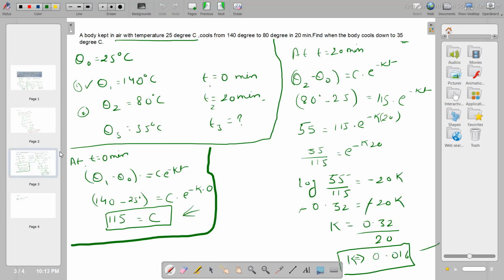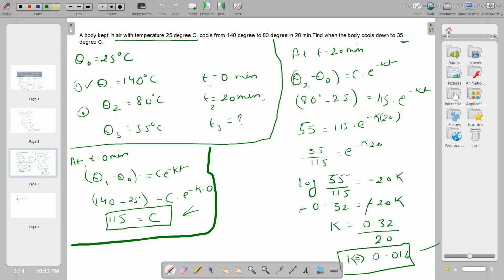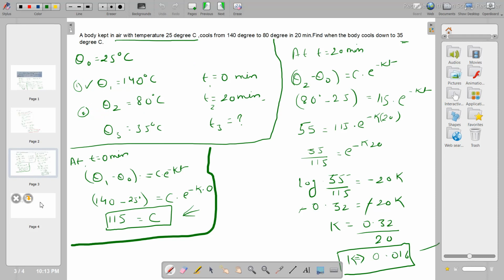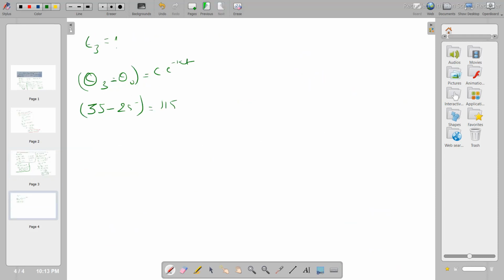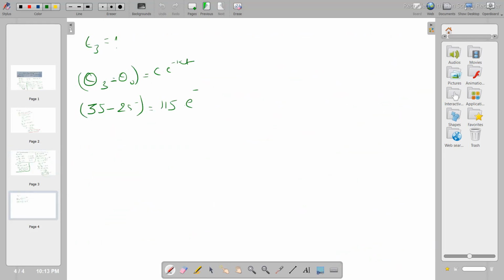The value of theta 3 is 35, theta naught is 25, c is 115, and k is 0.016. So we have to find this value t.